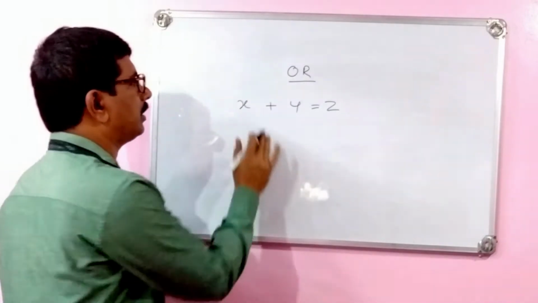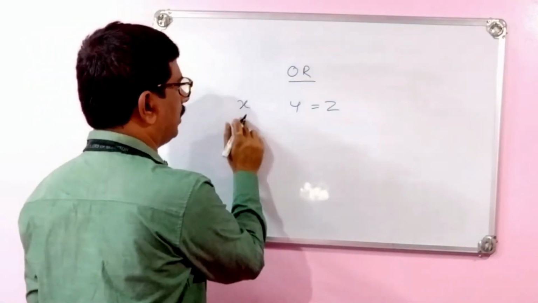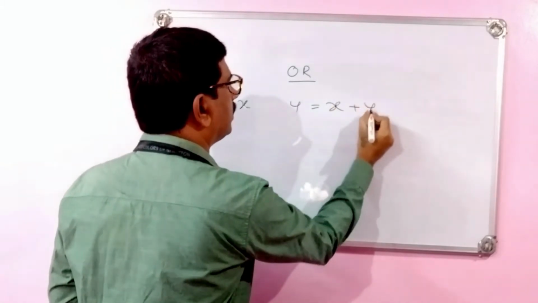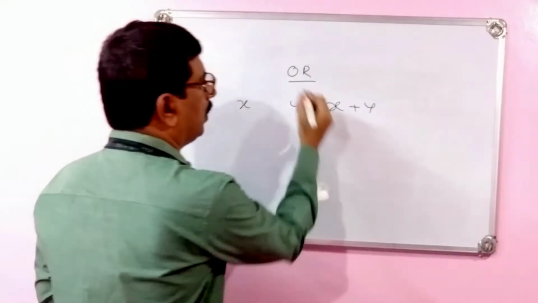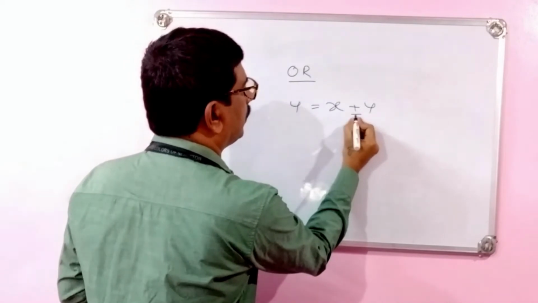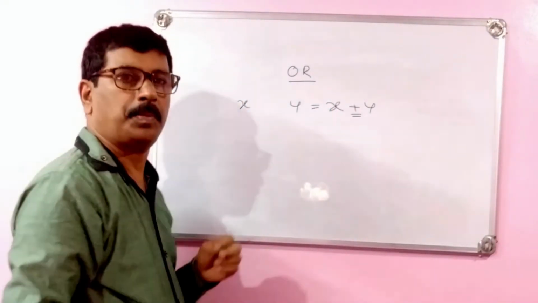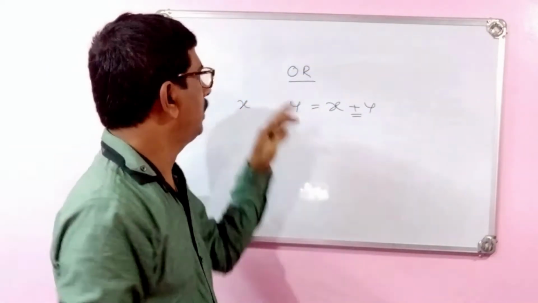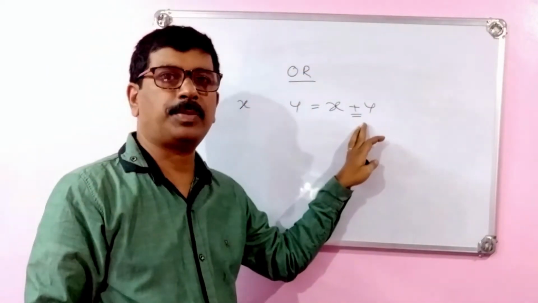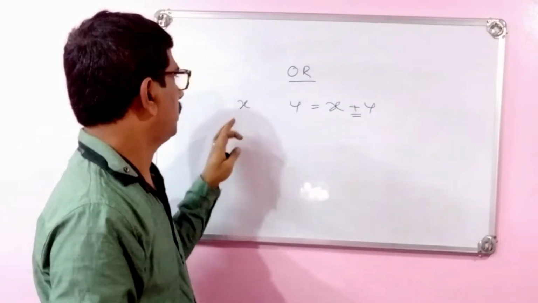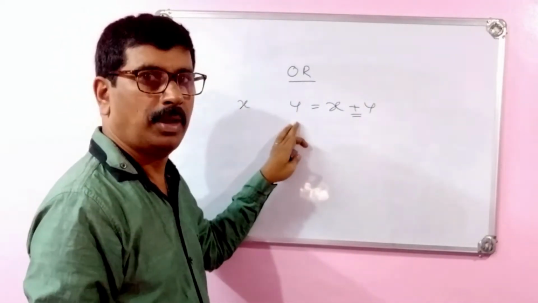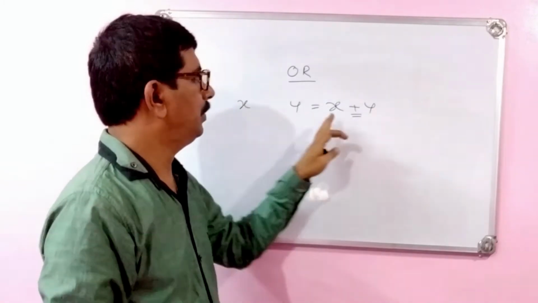Now the OR operator we will represent by using plus. The not operator we will represent by using bar. So x and y are 2 operands, 2 values, and when we work on them, we get the result as x plus y.